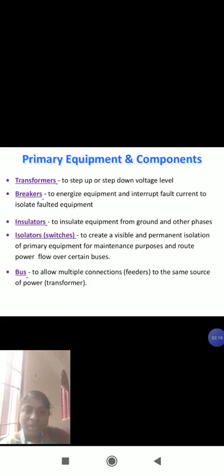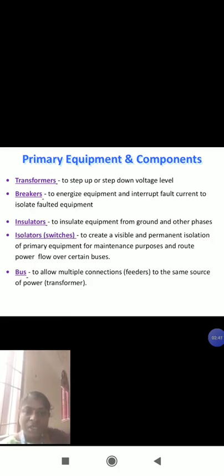This transformer is to step up or step down the voltage level, and then we are having the breakers in order to energize equipment and interrupt fault current to isolate faulted equipment. We use insulators to insulate equipment from ground and other phases.